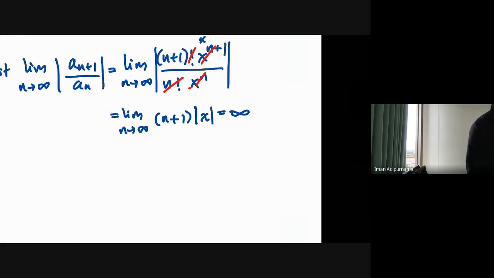So by this limit, when x is not 0, it will diverge, right? Of course, because the result for the limit is infinite. But when x is 0, it will be convergent, right?